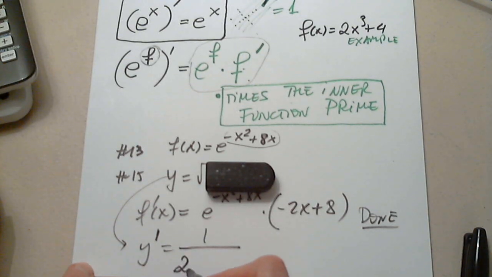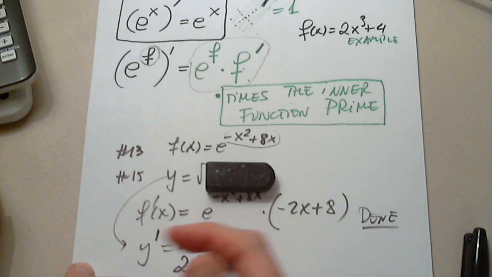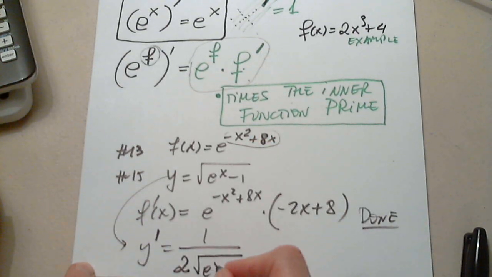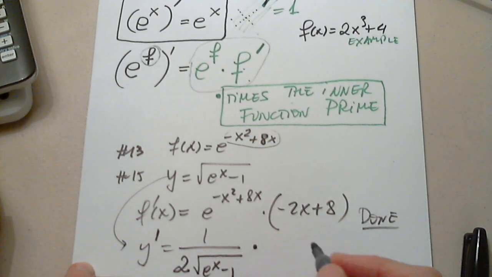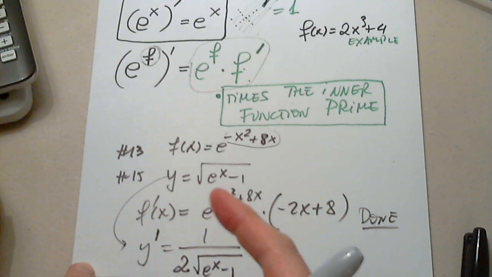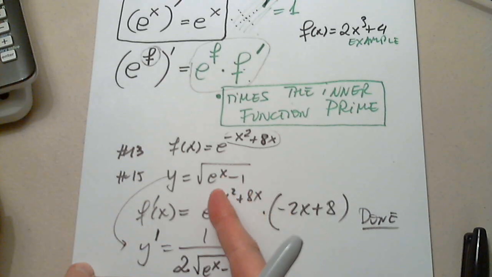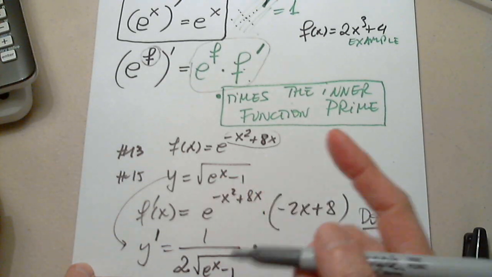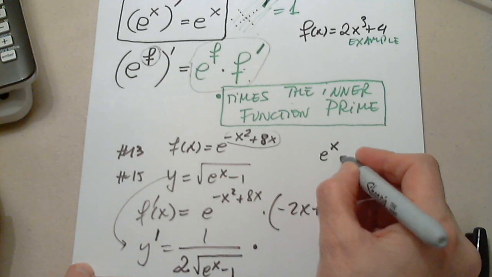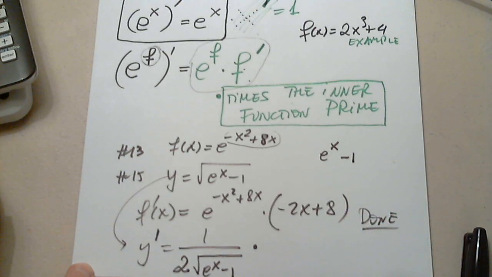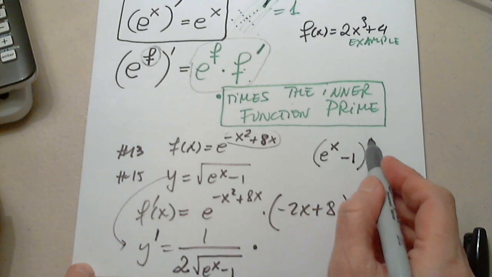Yes, 1/2 times the square root of e to the x minus 1, times the derivative of e to the x minus 1. We have to differentiate this.